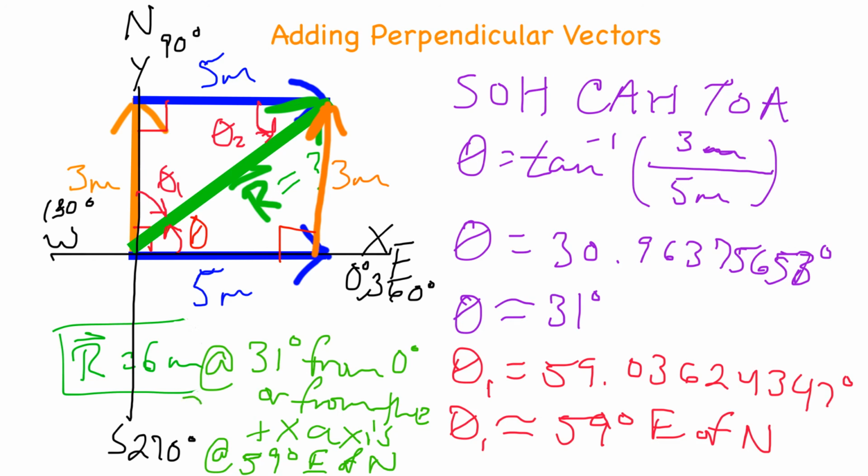All of those are valid directions and give us a complete answer for our resultant vector.